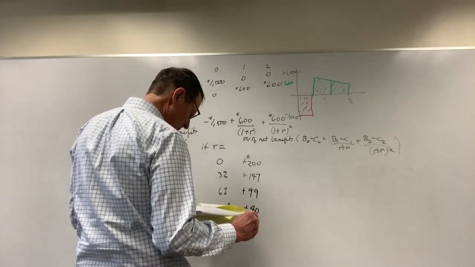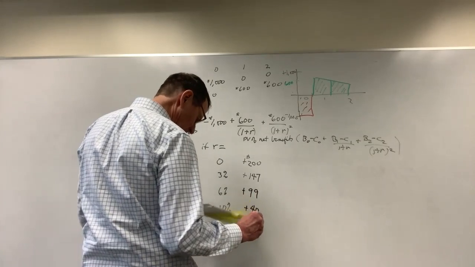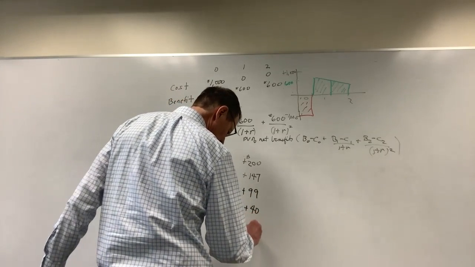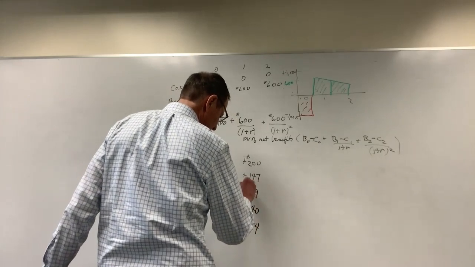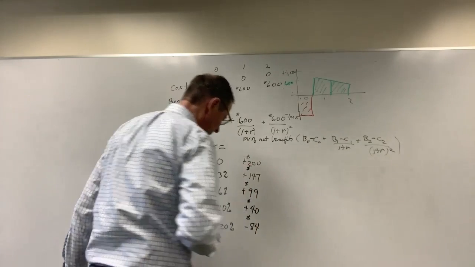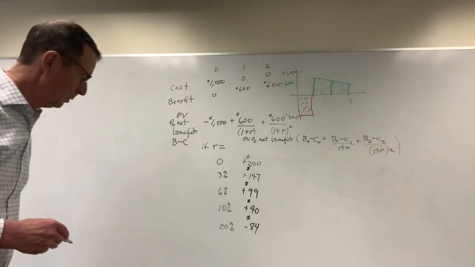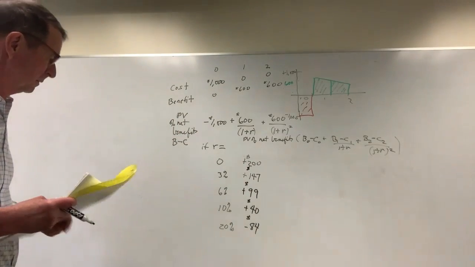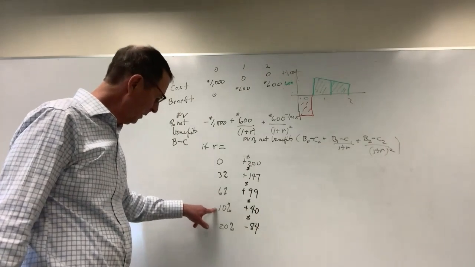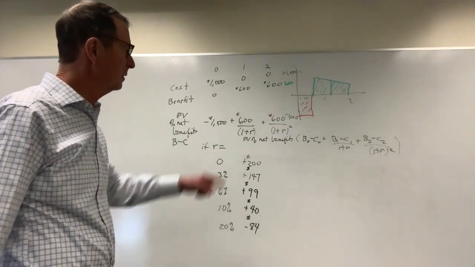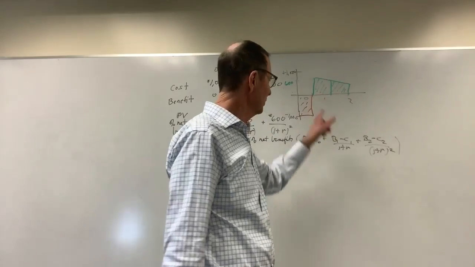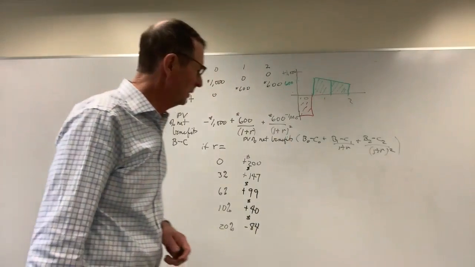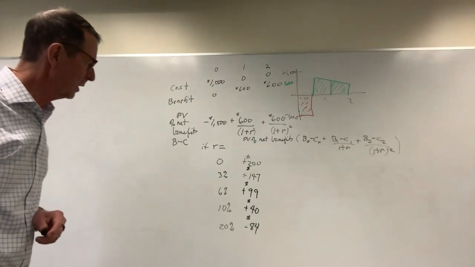But by the time that interest rate gets to 20%, we're in the hole. So it's going to take an interest rate of somewhere between 10% and 20% to bring this block down to such a small area that it is less than the $1,000 block.